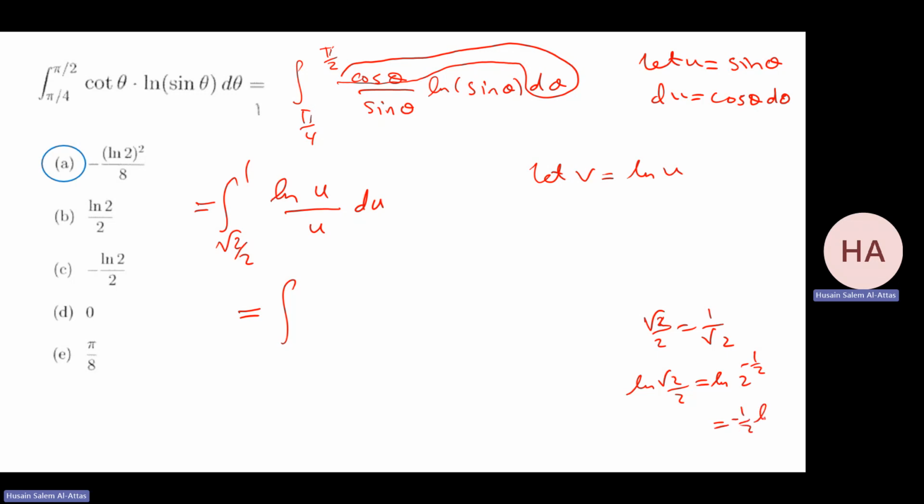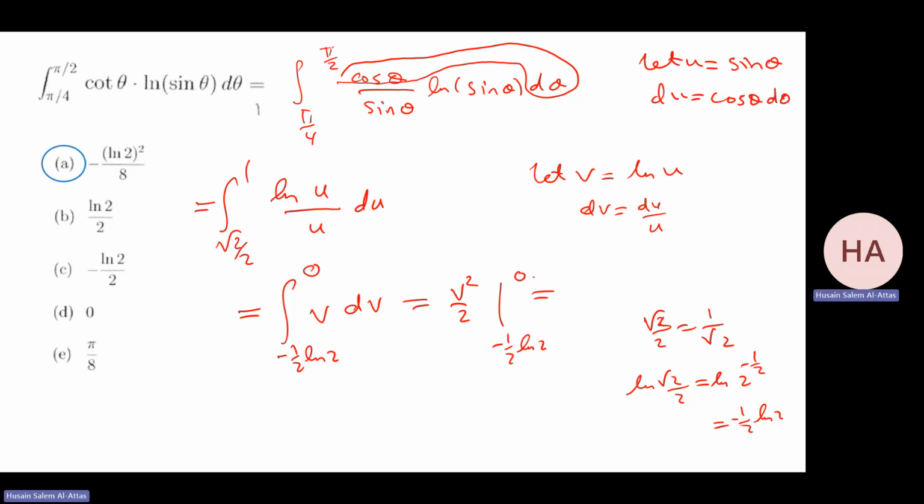So it's minus half ln 2. And this is ln 1, which is 0. This one, if I take this dv, will be what? du over u. So I have v dv, which gives me v squared over 2 from this to this.